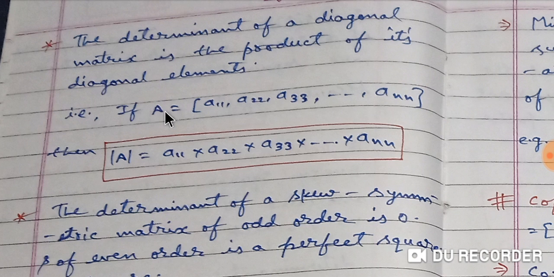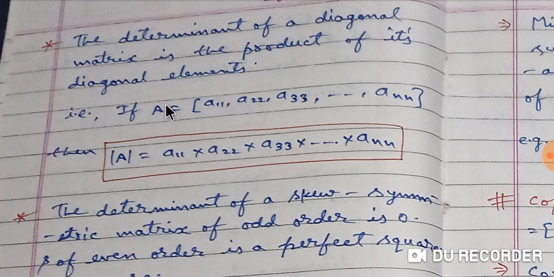In any diagonal matrix, only the diagonal elements are non-zero, and we are just excluding the zeros, the non-diagonal elements.